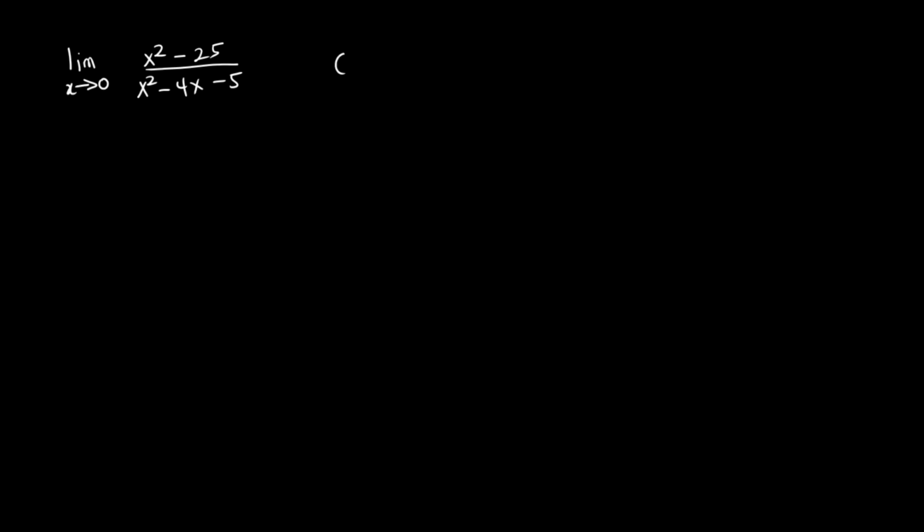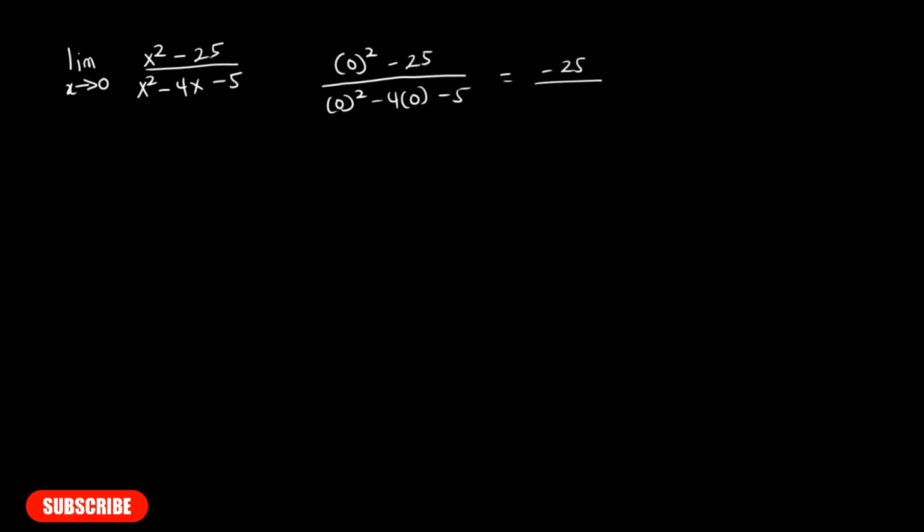So you're going to have 0 squared minus 25 divided by 0 squared minus 4 multiplying 0 minus 5. Let's simplify this. We have minus 25 divided by 0 squared, which is 0, minus 4 times 0, which is 0, and then minus 5.